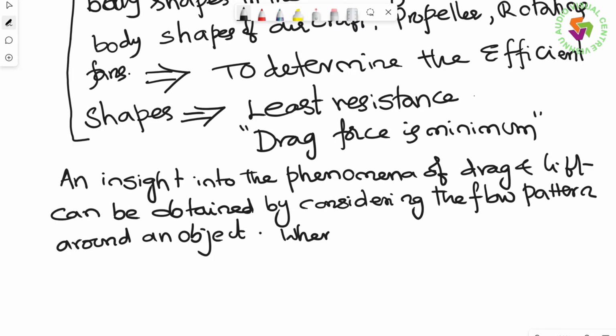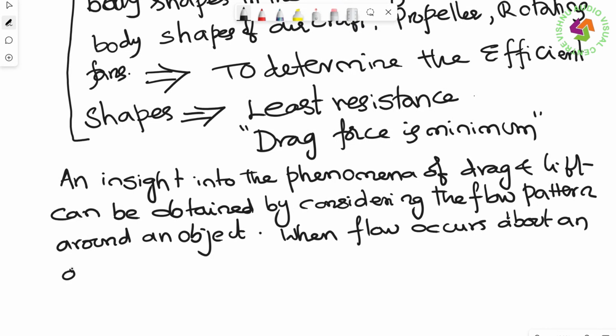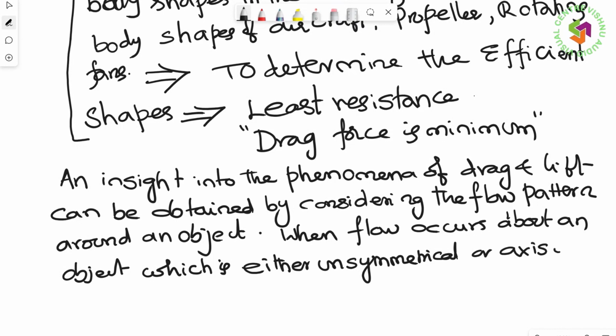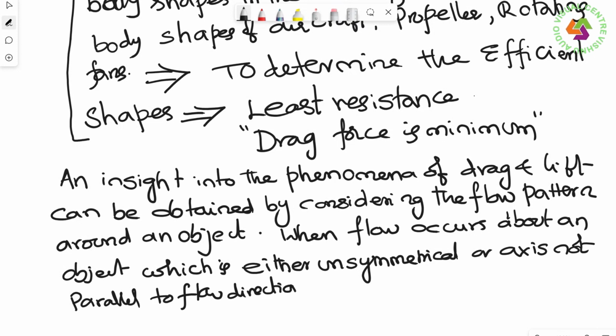When flow occurs about an object which is either unsymmetrical or has its axis not parallel to the flow direction, right? Naturally, the object will not always be parallel to the direction of the flow, so it may be in an inclined direction.